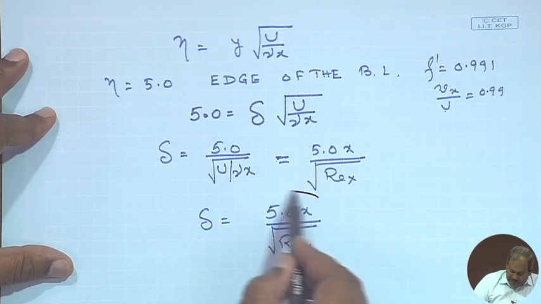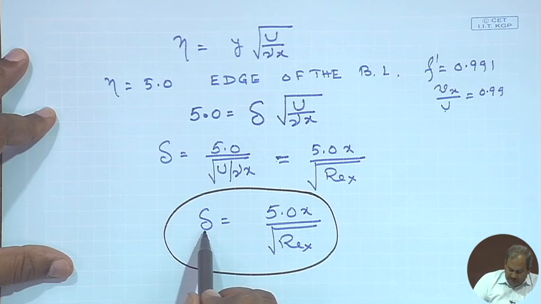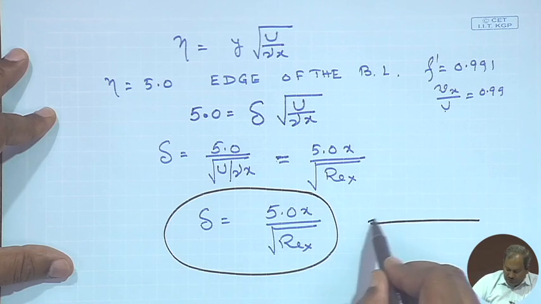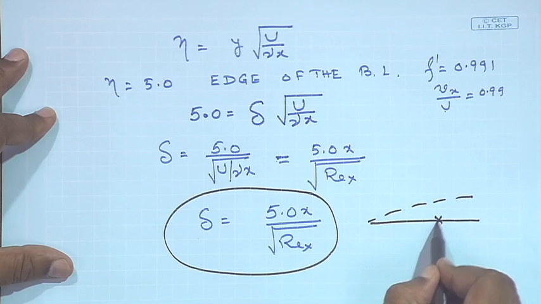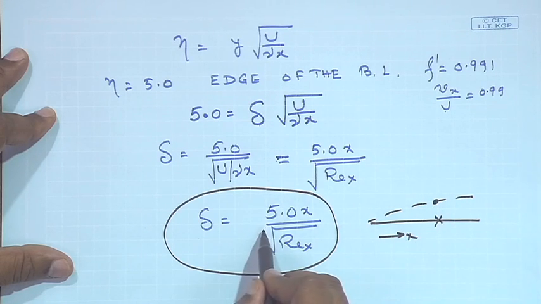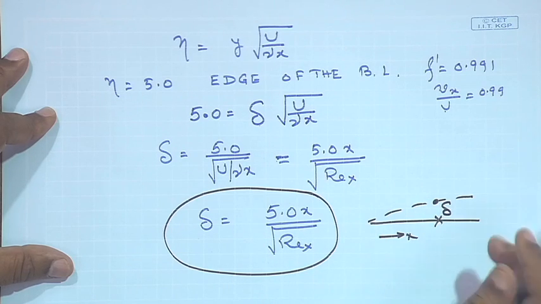This expression tells you what is the thickness of the boundary layer at a given axial position. So, if you fix the axial position which is x, you know exactly from this closed form equation what is going to be the delta at that point.